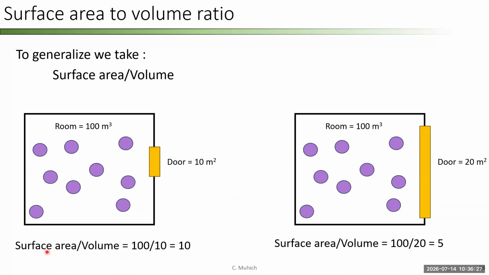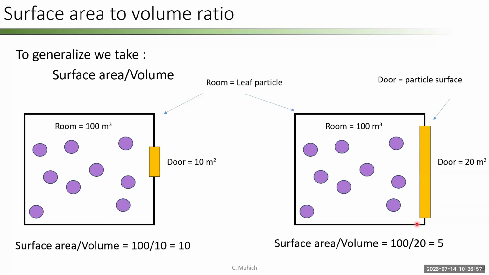It has a surface area to volume ratio of 0.1, and on the right, it has a surface area to volume ratio of 0.5. So significantly larger. Sorry, 0.2. The side is 0.2. We expect to see significantly larger diffusion out of this system.